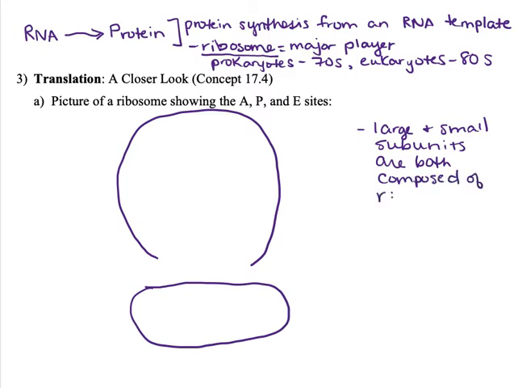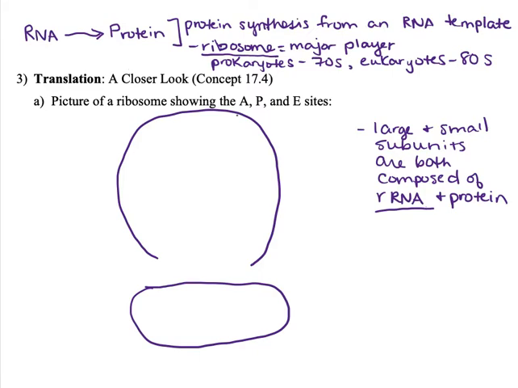We've got ribosomal RNA as the RNA in the ribosome, and protein is another structural component. So here's one of our types of RNA. It's an actual part of the ribosome.